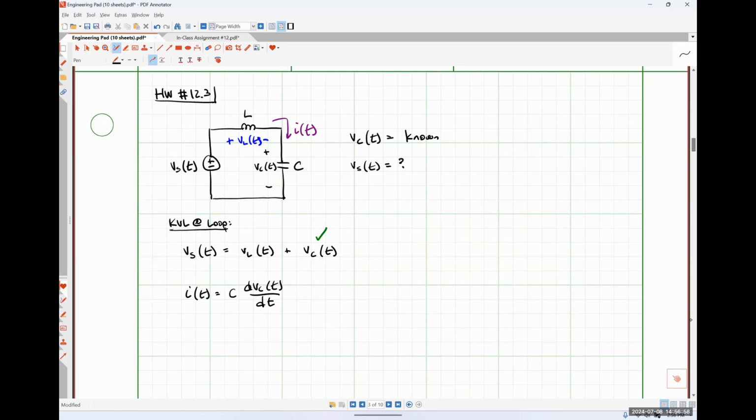All right. So now that we have I of t, how do we find VL? So go back to your relationships that we learned on Friday, literally the first things I wrote down today during the inductor review.